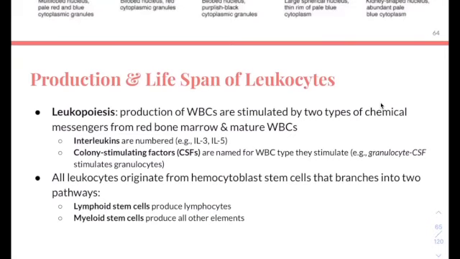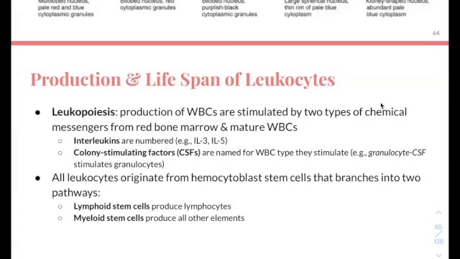There's different kinds that produce different types of leukocytes. And colony stimulating factors, they're named for the white blood cells they stimulate. So granulocyte colony stimulating factor stimulates the granulocytes. Agranulocyte colony stimulating factor stimulates the agranulocytes.